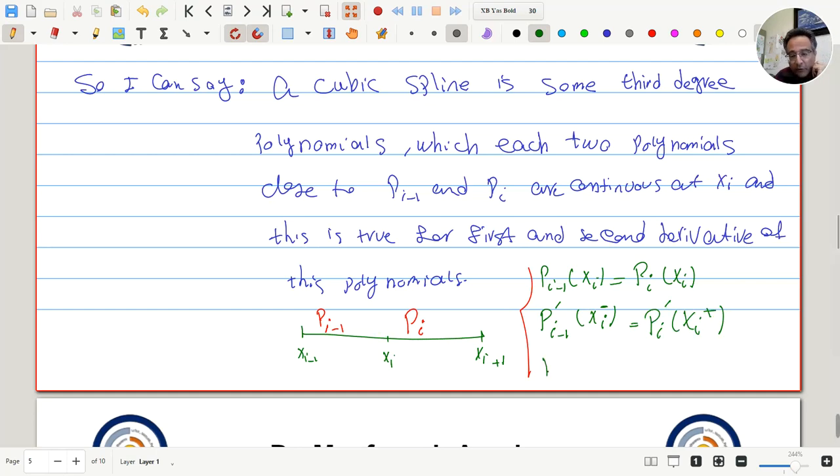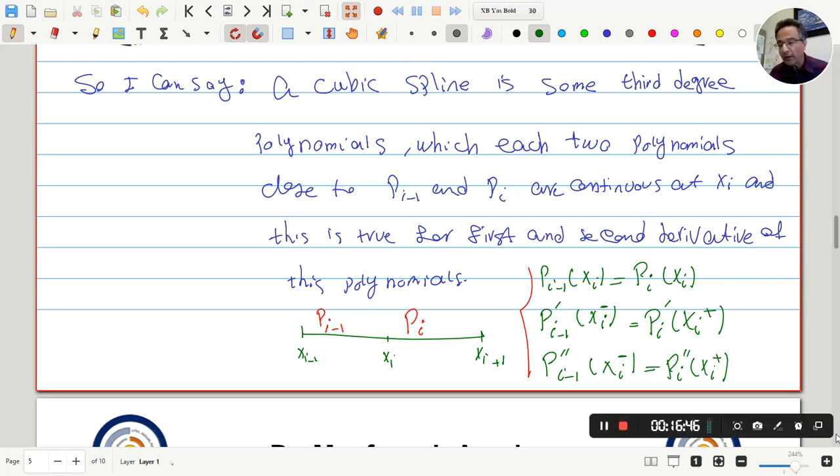And p double prime i minus 1 over xi from left should be equal to pi double prime over xi from right. So, in fact, the second property of the spline can be explained by these three equalities.